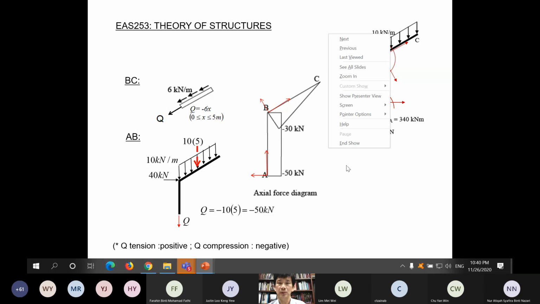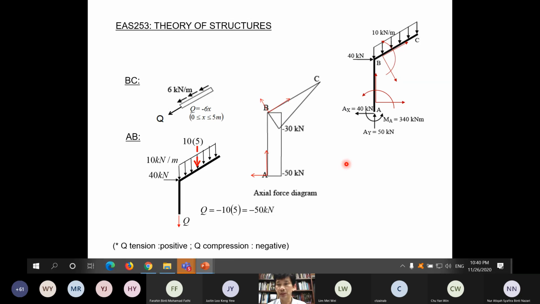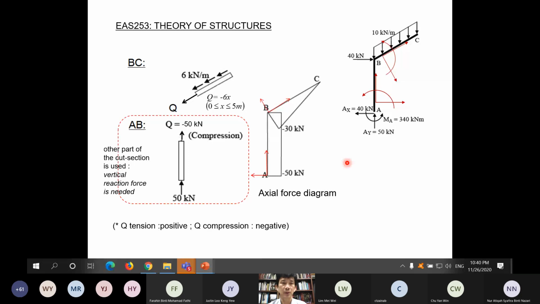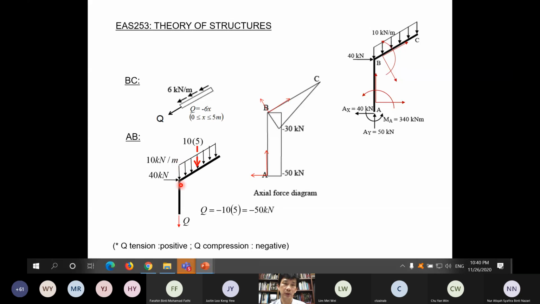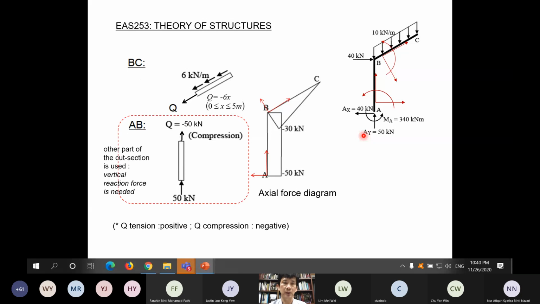Now, the qualitative deflected shape, let me go to the next one, then I will stop here. Or you can use the other part. No need to use this part, use the bottom part here, the cut section, but you need to know the reaction force. Then you get to the same conclusion that it should be -50.